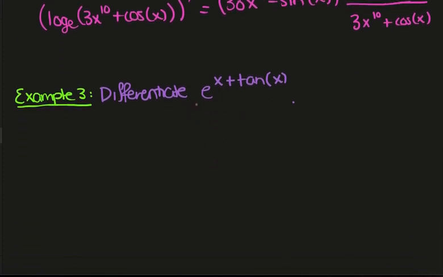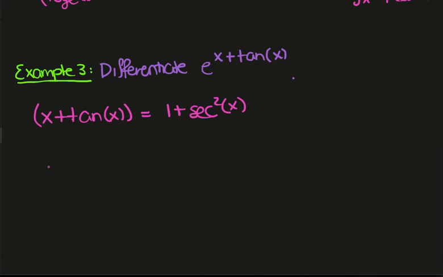Okay, let's look at one more example. Here we're going to differentiate e to the x plus tan x. So the derivative of x plus tan x is just 1 plus sec squared x. The derivative of tan can be calculated using the product rule or quotient rule. We've seen that in previous videos.